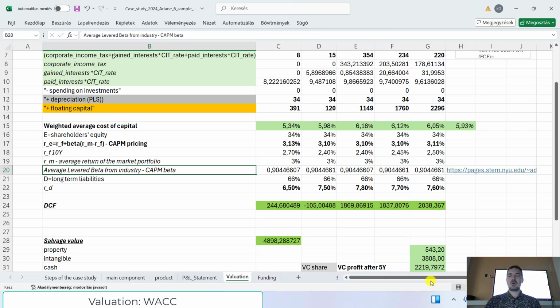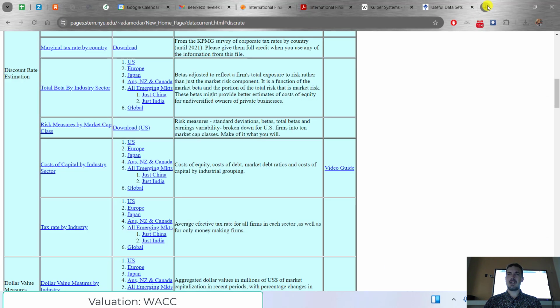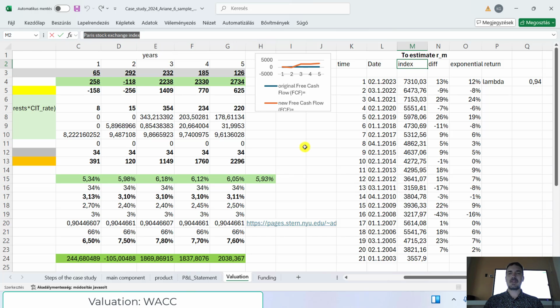So let's go for the Paris Stock Exchange index, which is the CAC 40. Sorry, not 400, just 40. CAC 40.